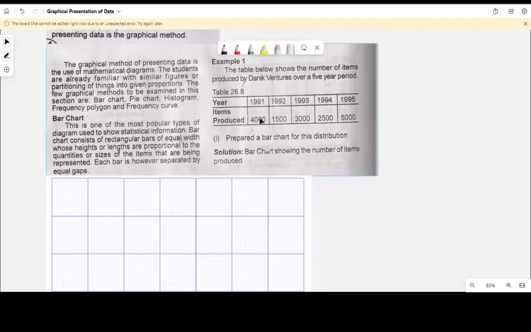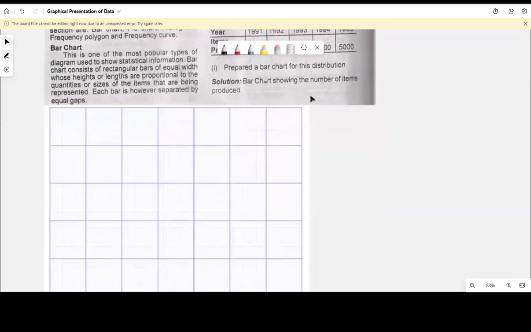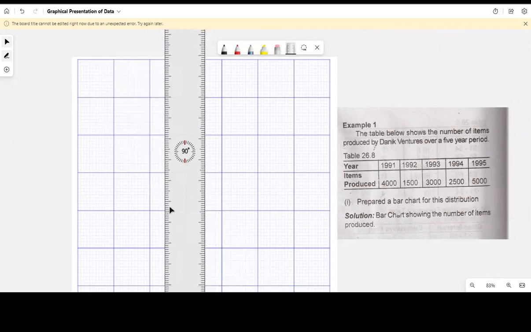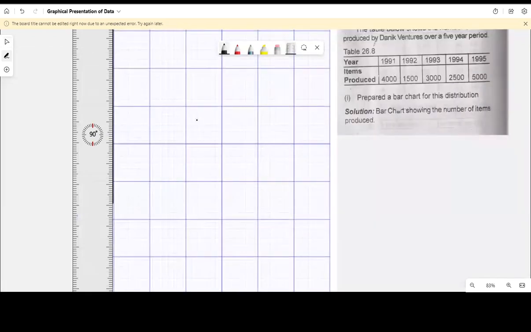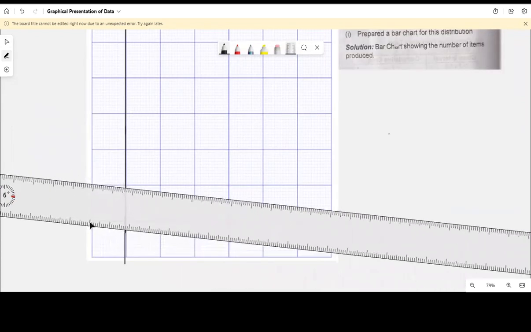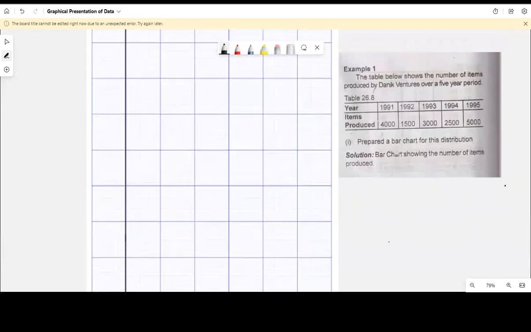So how do we represent this data using a bar chart? We have a graph book here. And in doing that, we choose a scale based on the data given to us here. First of all, let's get our X and Y axis on this graph. And the X and Y axis are drawn.